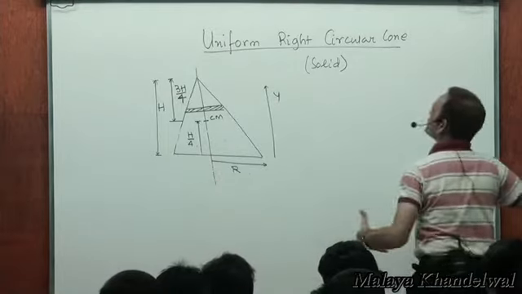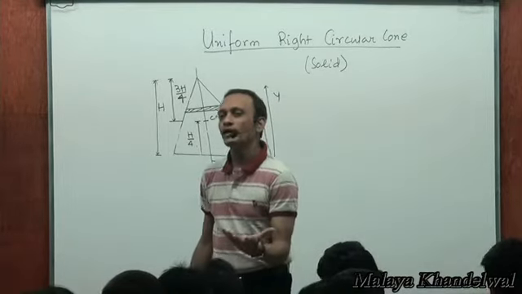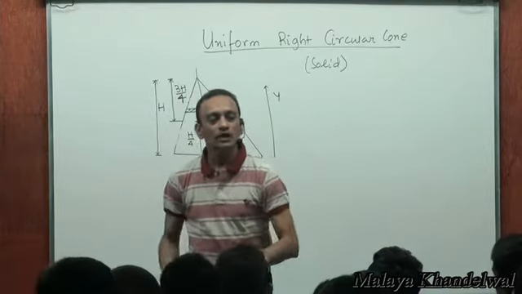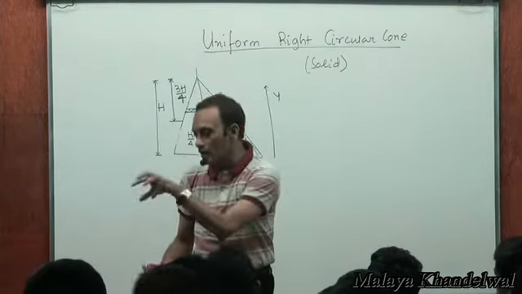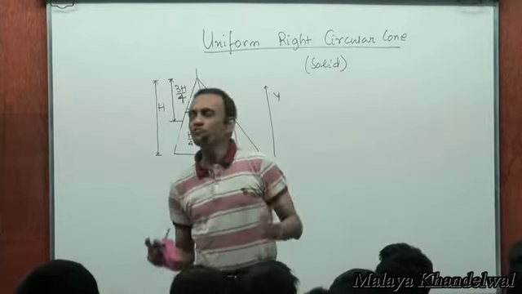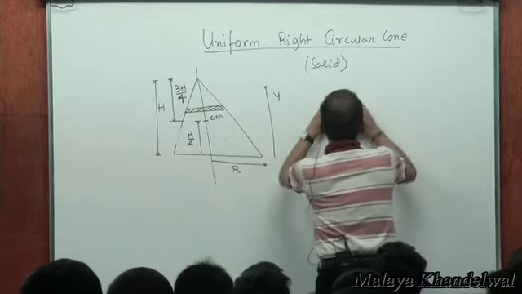Did I tell you how to deal with entities where a certain mass is scooped out? Yes, sir. Let's say I have a circular lamina and I remove a circular portion from it. Did I tell you that the center of mass has a certain property?